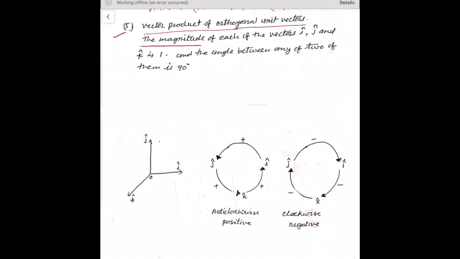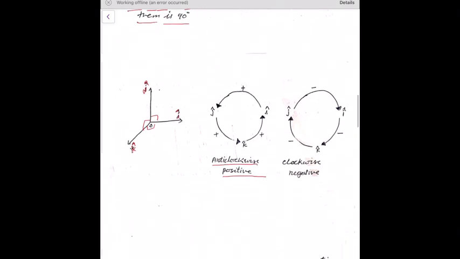Vector product of orthogonal unit vectors. The magnitude of each of the vectors i cap, j cap and k cap is 1, and the angle between any two of them is 90 degree. If we multiply two unit vectors anti-clockwise, then we get positive value of the third unit vector.